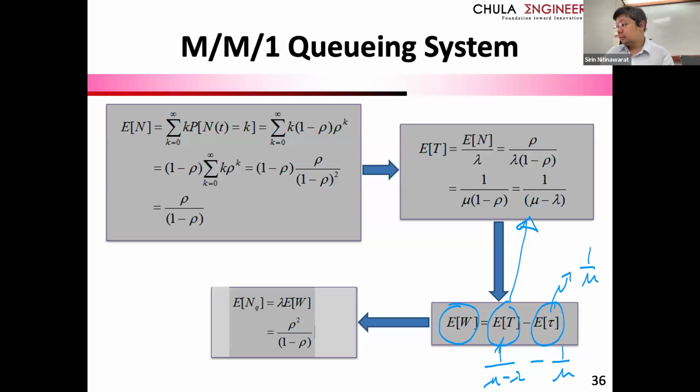What is that? That is equal to lambda divided by mu times mu minus lambda.